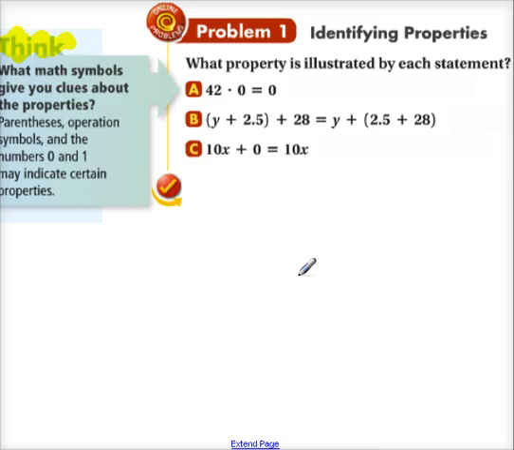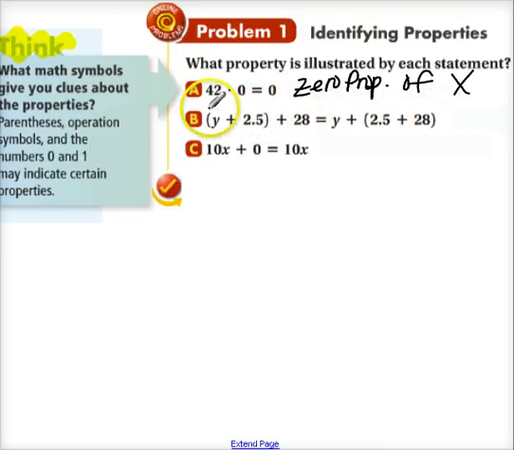Okay, so let's use these properties to name these statements. 42 times 0 equals 0. Well, I know anything times 0 is 0. So that is the zero property of multiplication. Letter B. Y plus 2.5 plus 28 equals y plus 2.5 plus 28.